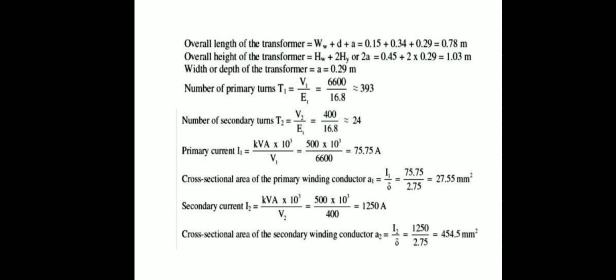Why is it approximate? T1 is approximately 393 and T2 is approximately 24. As the number of turns cannot be fractional, it has to be an integer. It cannot be, let us say, 23.8; it has to be 24 or 25. Fractional windings are not possible.